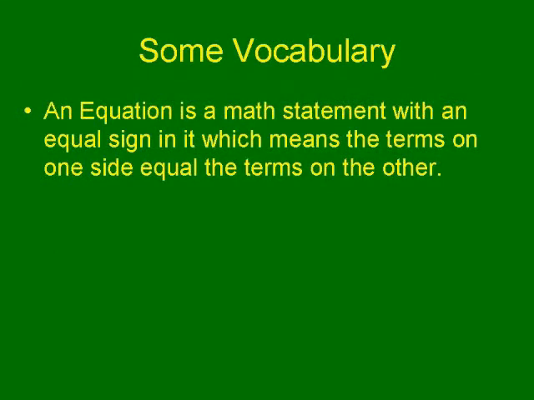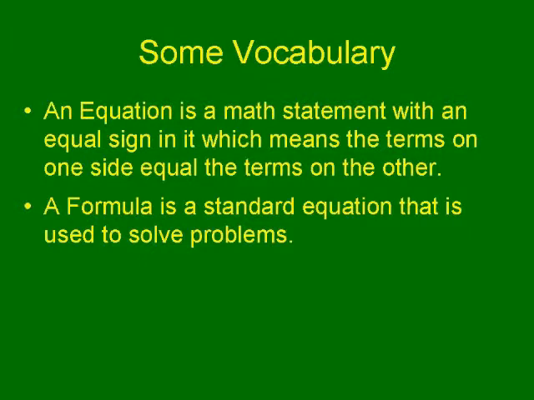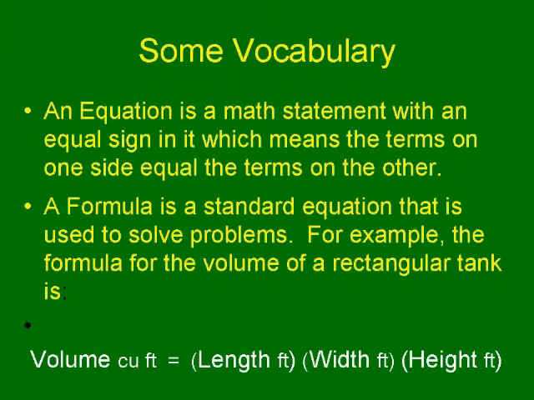An equation is a math statement with an equal sign in it, which means the terms on one side equal the terms on the other. A formula is a standard equation that is used to solve problems. For example, the formula for the volume of a rectangular tank.